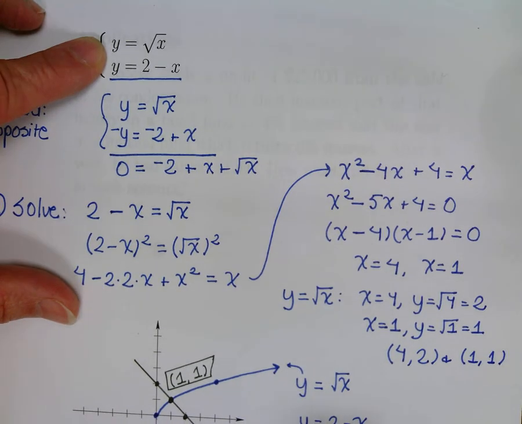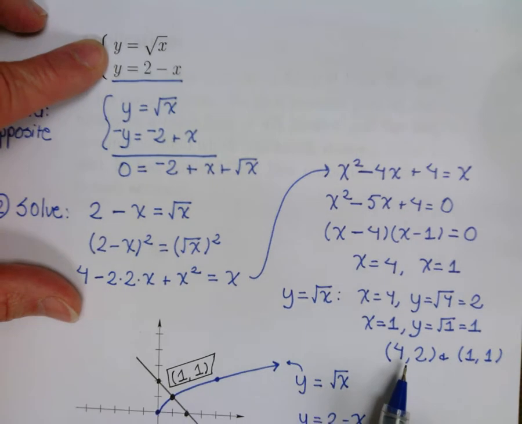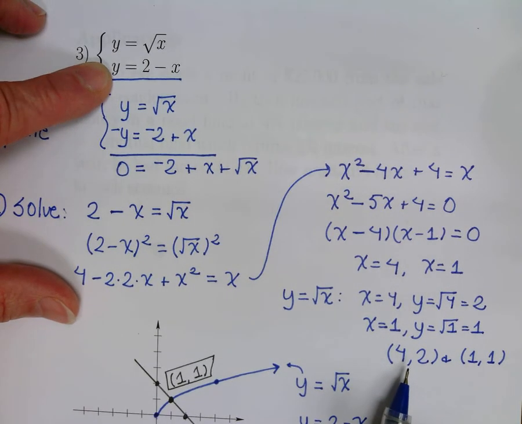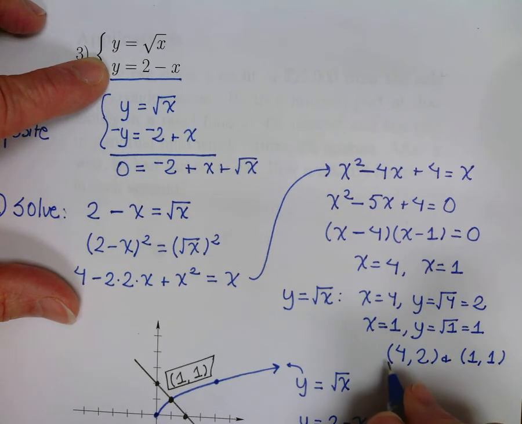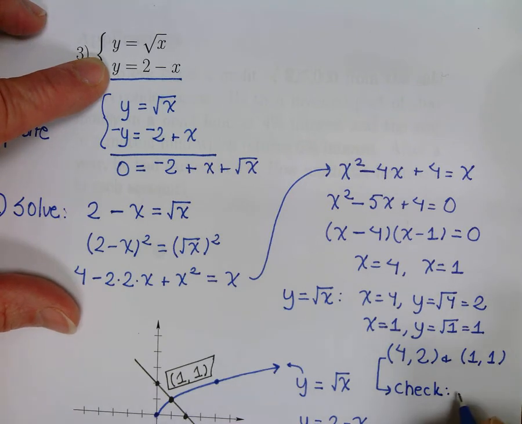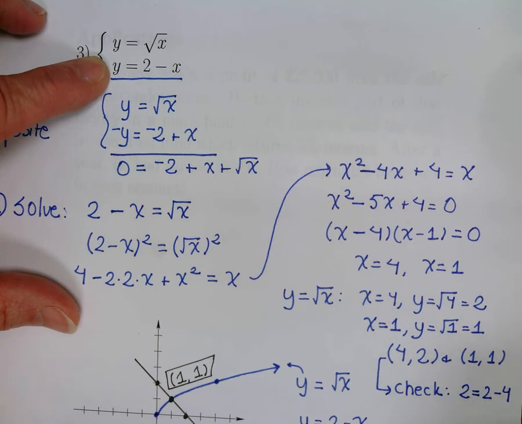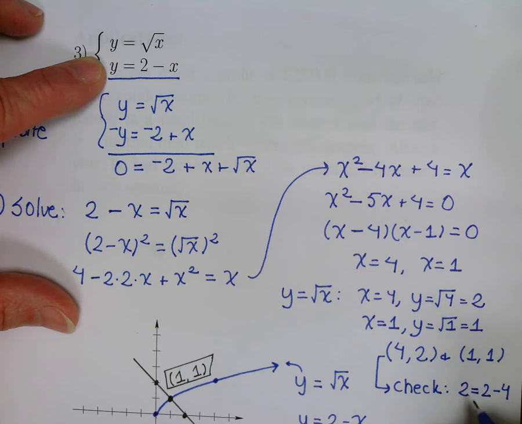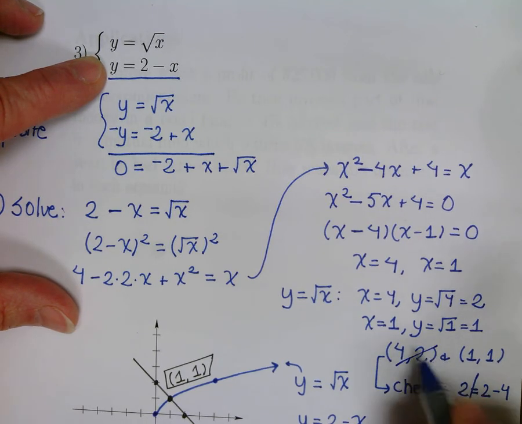Now we already know one of them is not going to work, in particular this one. And we can confirm that by plugging into the second equation. If it solves the system, it's got to satisfy both. So if I plug that in, I get 2 for y equals 2 minus 4. Whoops, doesn't work. So this is an extraneous solution.